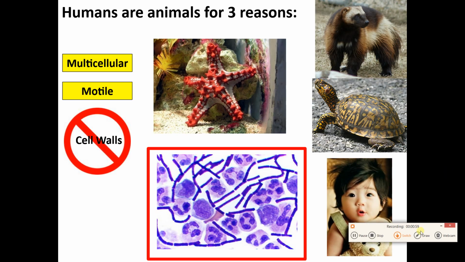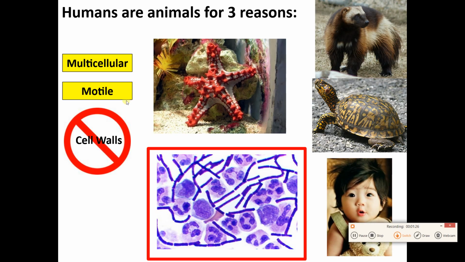All right, we are multicellular. So starfish, wolverine, turtle, human here, all four of these are animals for the same three reasons. And the three reasons are listed over here. Number one, we're multicellular. So we're made of many cells. I mean, humans are made of trillions of cells.